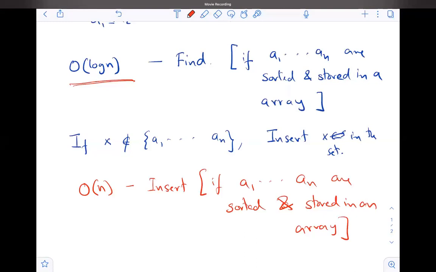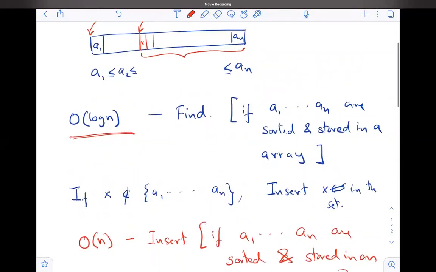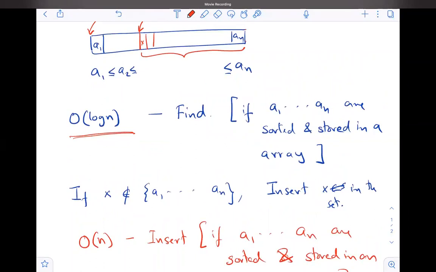Now, can you save on this? It's all about data storage, right? It's all about how you can store data and so on. Now, one thing you can say is, what happens if I don't store it in an array, but store it in, say, a linked list?